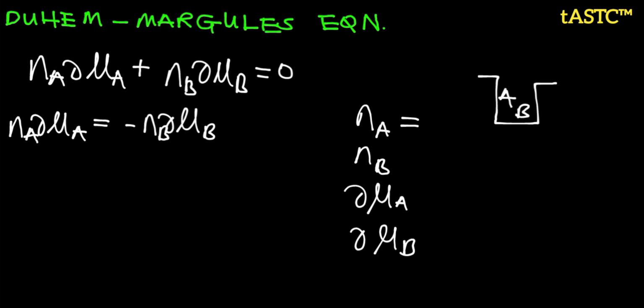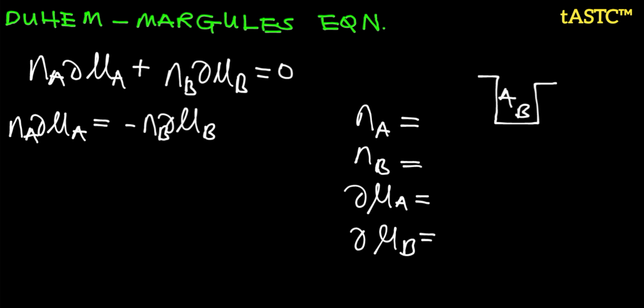So N sub A stands for the amount of the first component, and N sub B stands for the amount of the second component. Now d mu A stands for the derivative of the chemical potential of the first component, and d mu B stands for the derivative of the chemical potential of the second component.